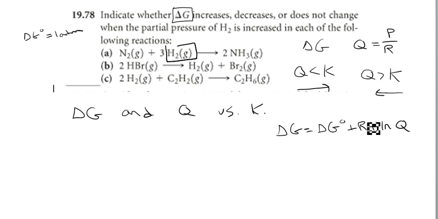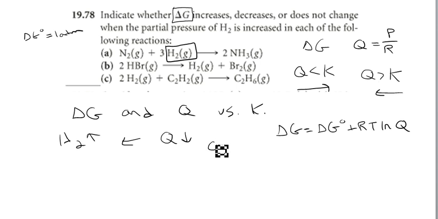Hydrogen is a reactant in the first reaction, and so it's asking what's happening when the partial pressure of hydrogen increases. So if H2 is going up, that means the reaction's going more reverse to make more H2. So obviously Q, if it's going reverse, is going down.